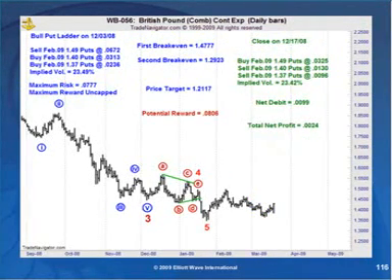Let's see what happened after that. Okay, this is what actually took place. We actually had a small 5 over here. And we got out at the top of this A wave on December 17th. And if you're wondering, what happened if we had held this to expiration?